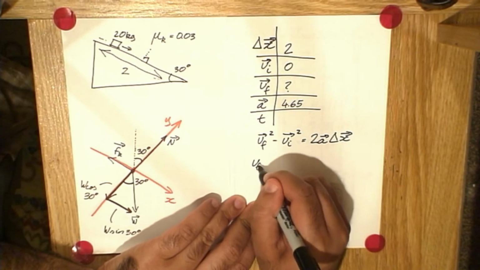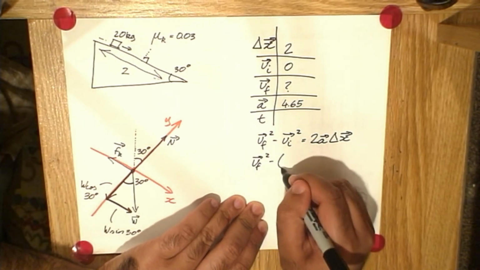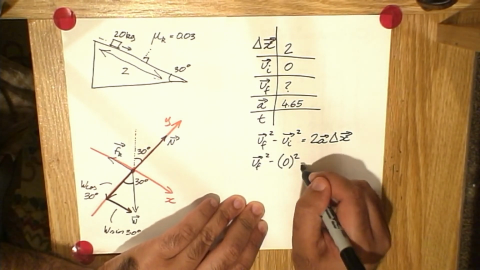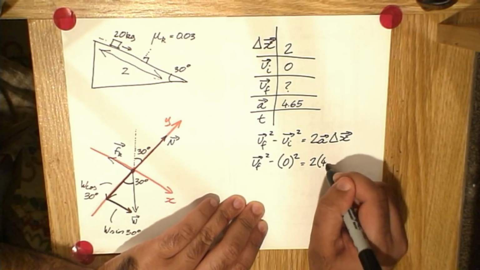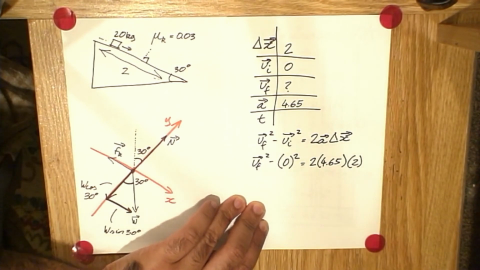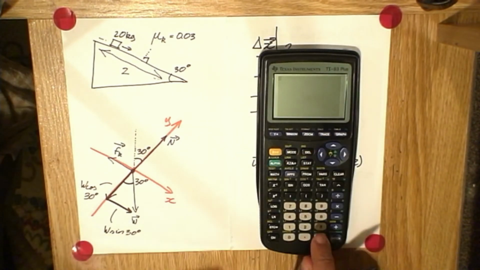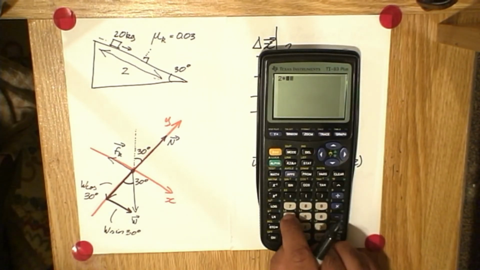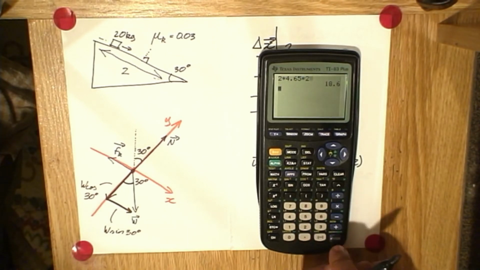So V final squared minus V initial, which is 0 squared, is equal to 2 times 4.65 times x, which was 2 meters. So 2 times 4.65 times 2 gives us 18.6.